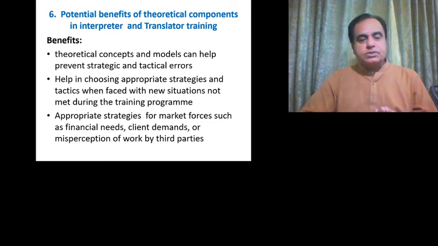Theoretical components also help in choosing appropriate strategies and tactics when faced with new situations not met during the training program, and appropriate strategies for market forces such as financial needs, client demands, or misperception of work by third parties.